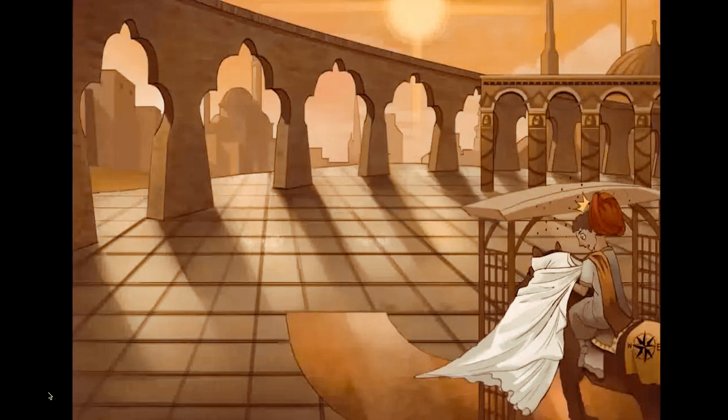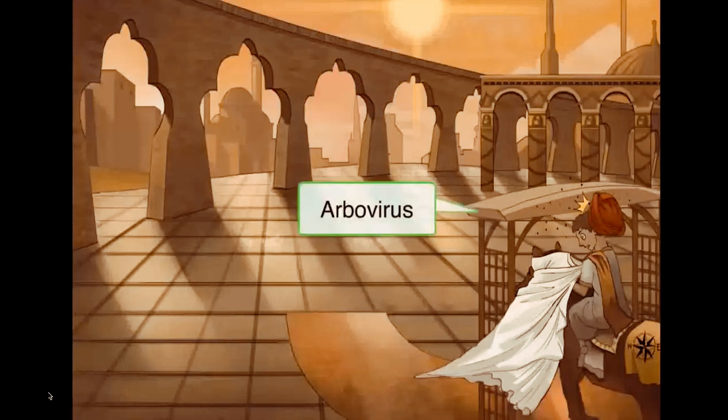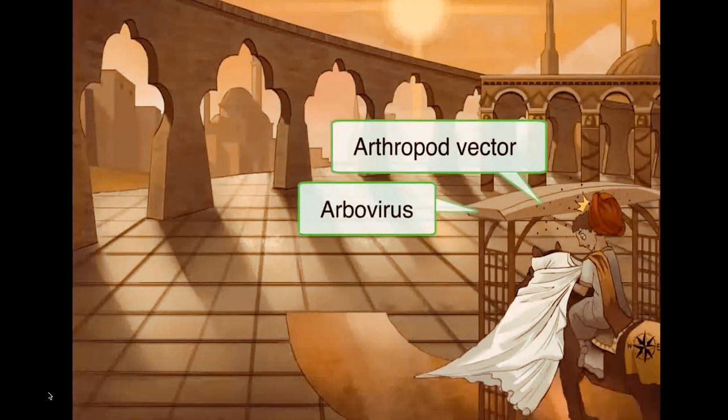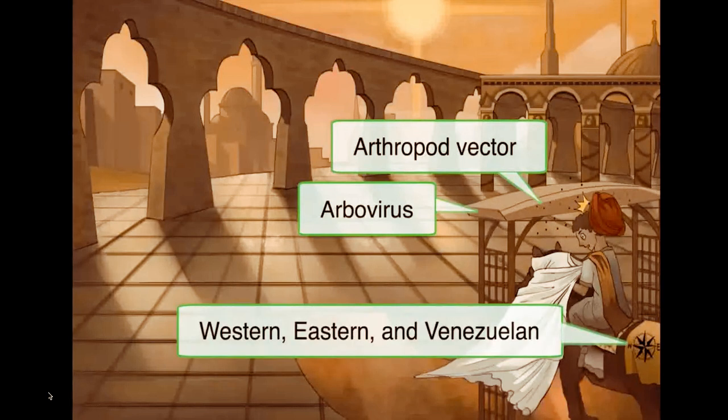So let me review that again because I went through a lot rather quickly. We've demarcated that this portion of the sketch is dealing with arbovirus by having this man hit his head on an arbor. Arbovirus really stands for arthropod-borne virus because arthropods, like mosquitoes, are the vector, and we've shown mosquitoes here. There are three types of encephalitis you need to know: Western, Eastern, and Venezuelan.